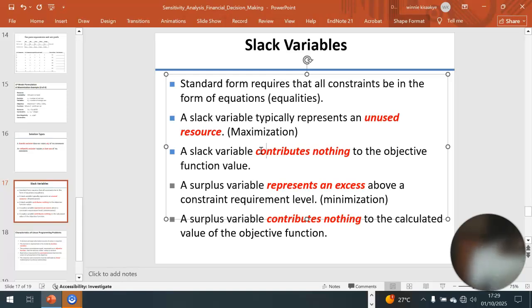Also, the surplus variable contributes nothing to the objective function, because if you have 200 parts at hand but you require 250, then the 50 contributes nothing to the objective function, because you do not have it at the moment. Okay.